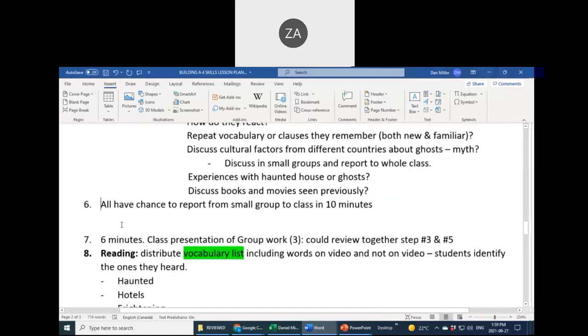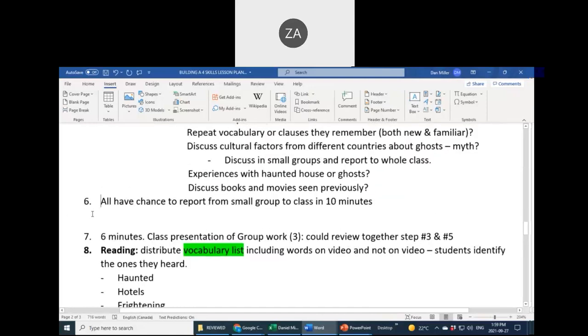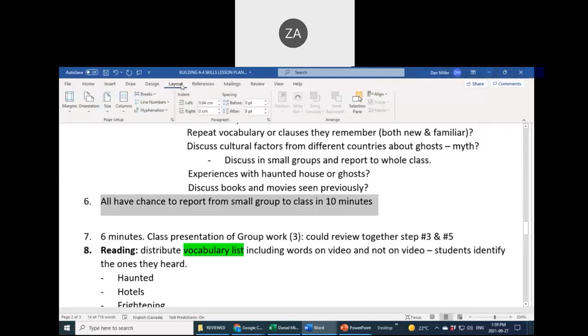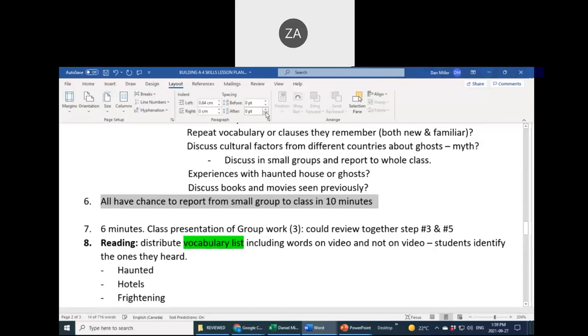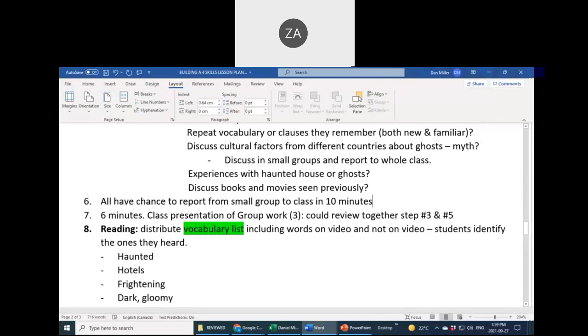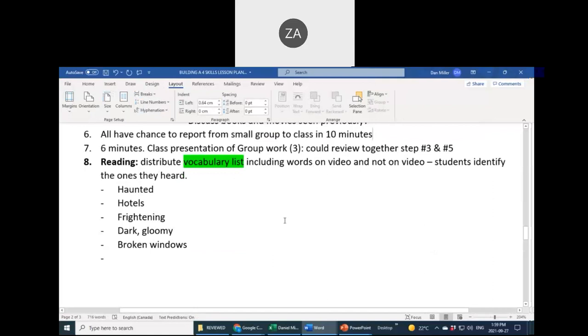Yep, we've got 10 minutes to prepare. And then we give them 6 minutes to present. There we go. And then we move on to the reading.